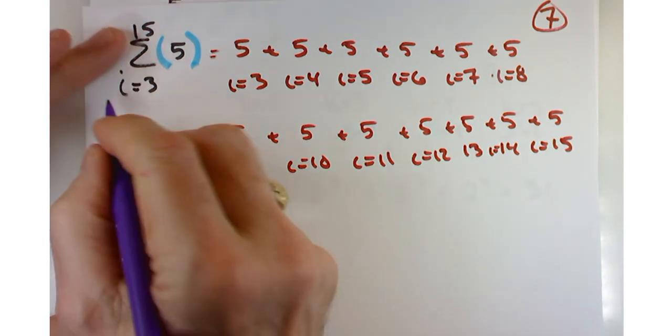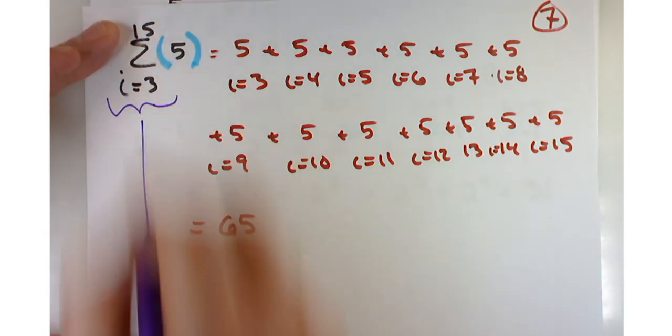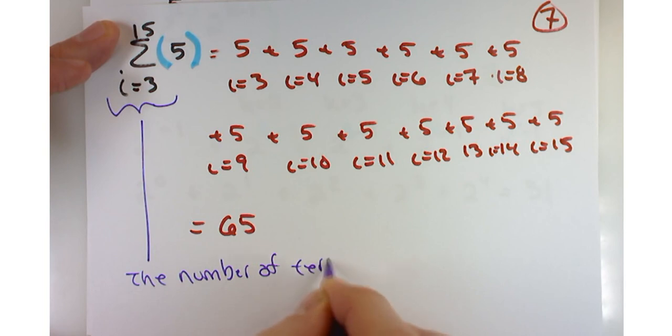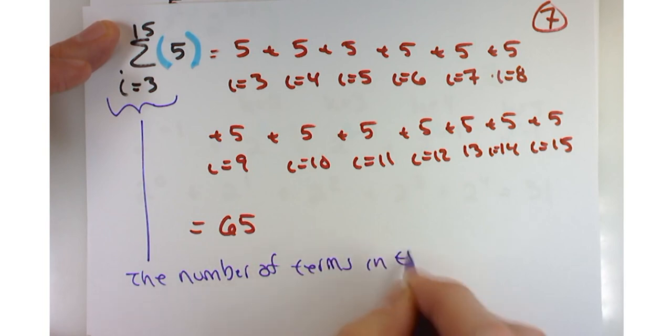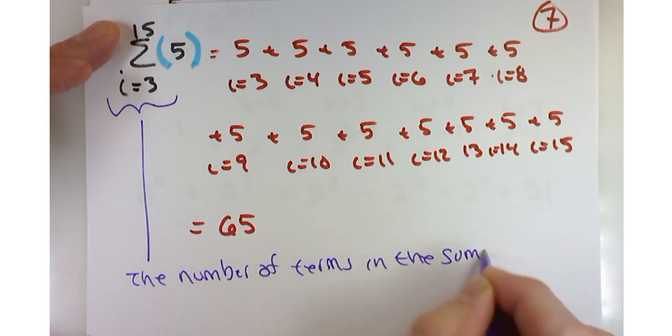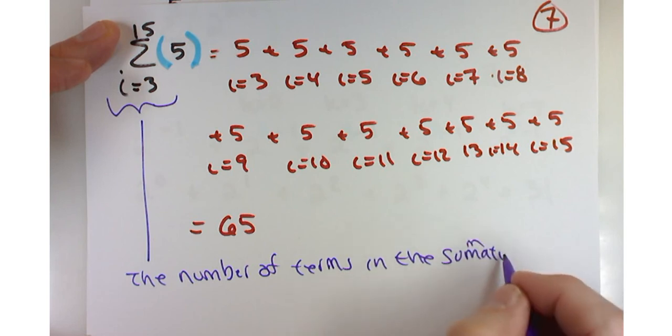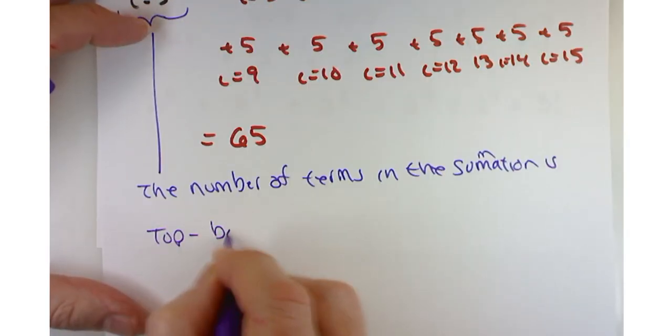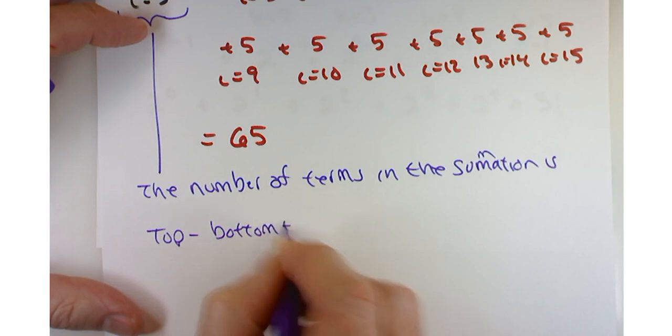The number of terms in the summation is the top minus the bottom plus 1.